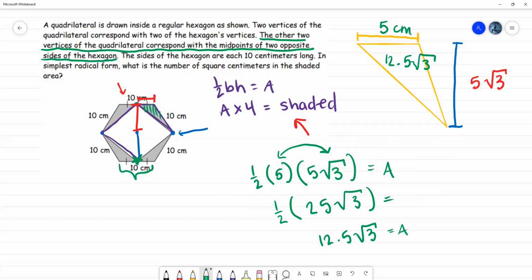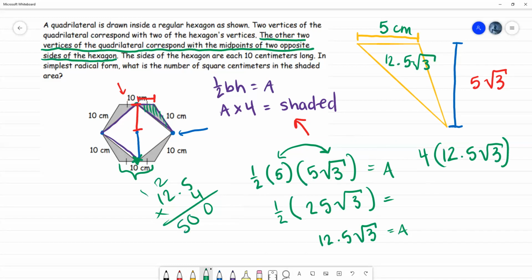To find out all of the triangles, we take our value 12.5 square root 3, and we multiply that by 4. So our final answer should be 50 square root 3.